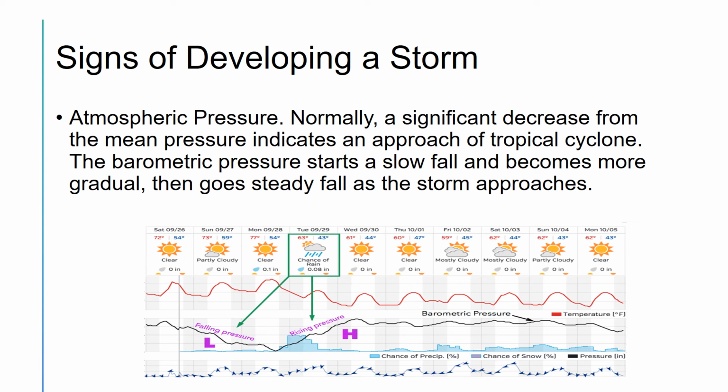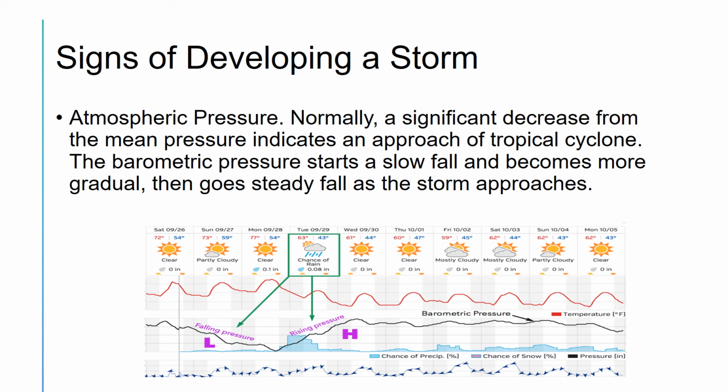Then, ang pinaka-the best na gawin ay i-observe ang atmospheric pressure. So, yan ay pagre-reading sa barometer. Normally, a significant decrease from the mean pressure indicates the approach of a tropical cyclone. The barometric pressure starts as a slow fall and becomes more gradual, then goes to a steady fall as the storm approaches.